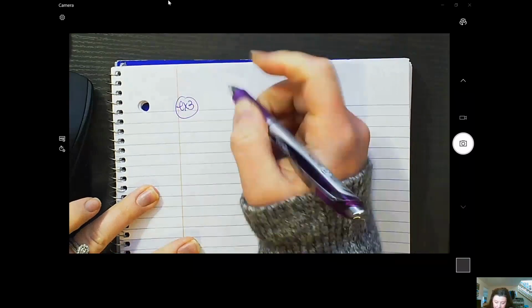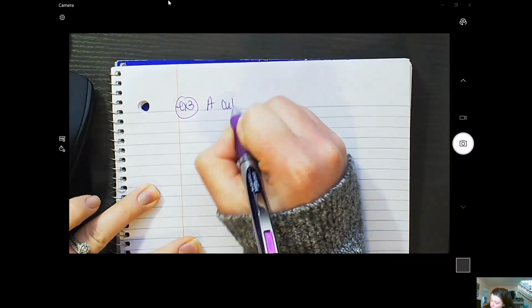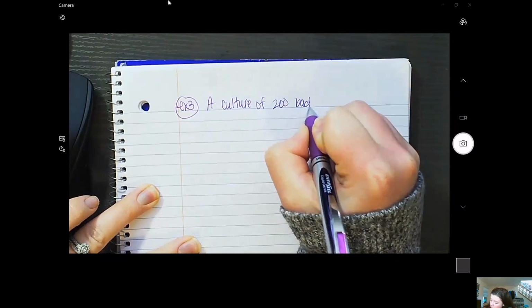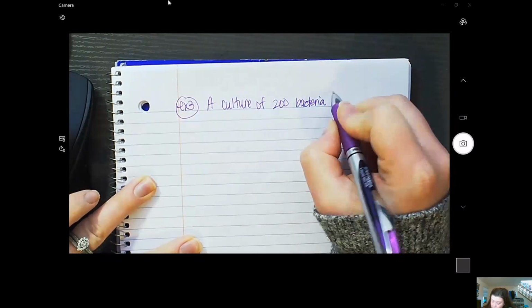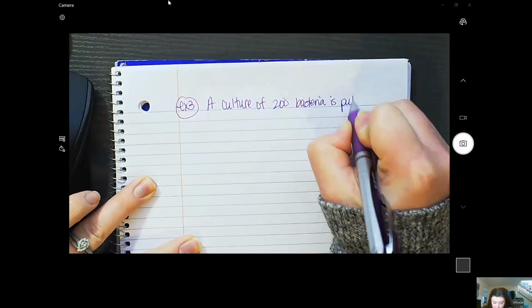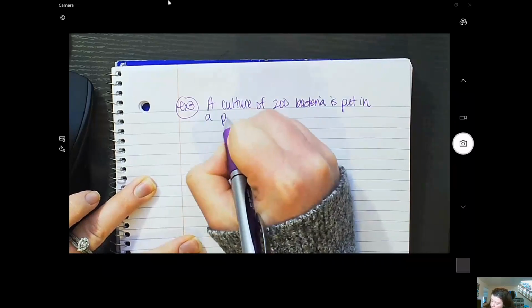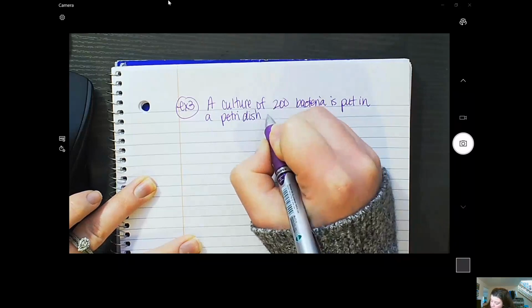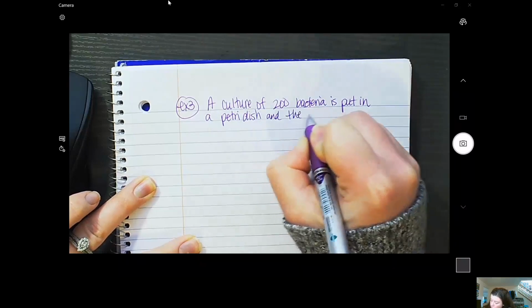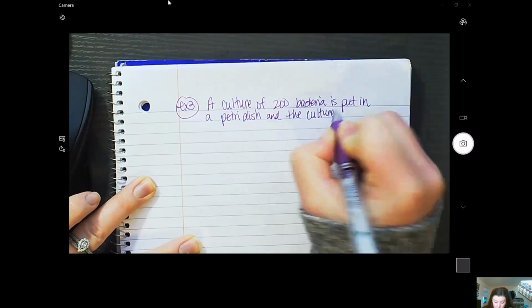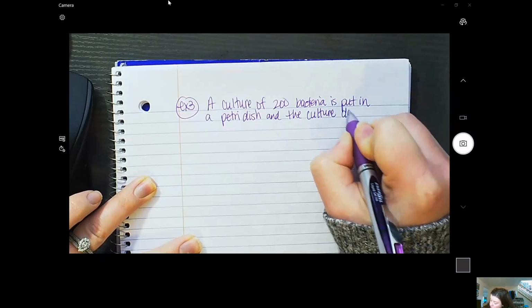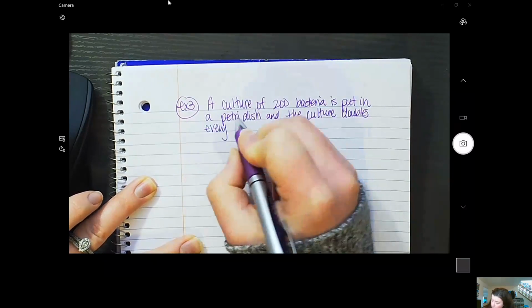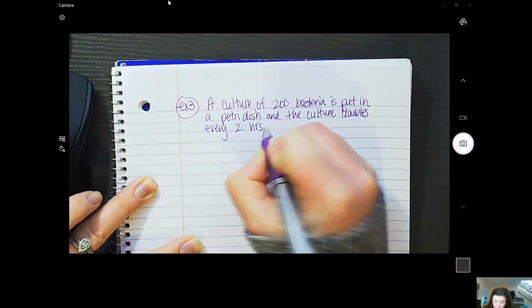Example 3, a culture of 200 bacteria is put in a petri dish and the culture doubles every 2 hours.